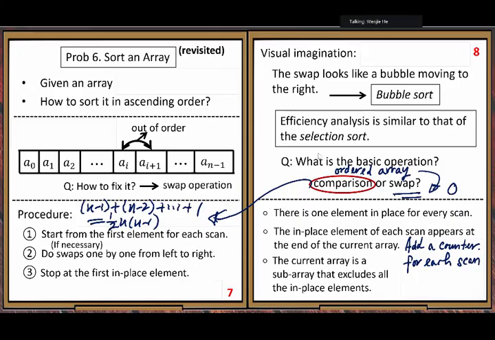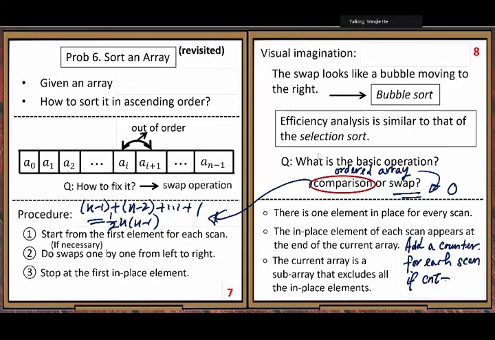Every time you detect an inversion and do a swap, you increment this counter variable by 1.